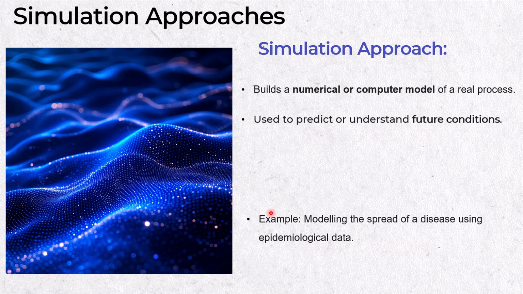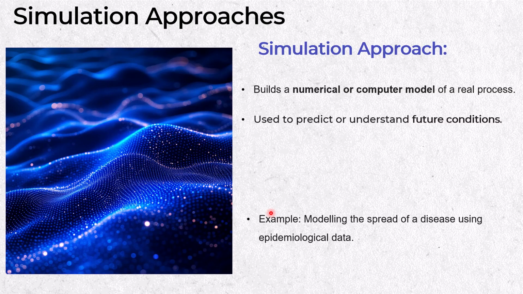Okay, the third type of quantitative approach is simulation approach. In simulation, we don't have a formal experiment. We don't have a formal subject like maybe a person or maybe an animal or something like that.